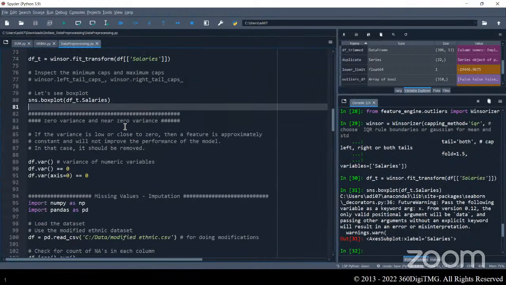The next thing we have is zero variance or near zero variance features. Let's say we have a country column and we have 10,000 observations, and all of the observations say India. Or let's say 9,999 are India and America is 1.